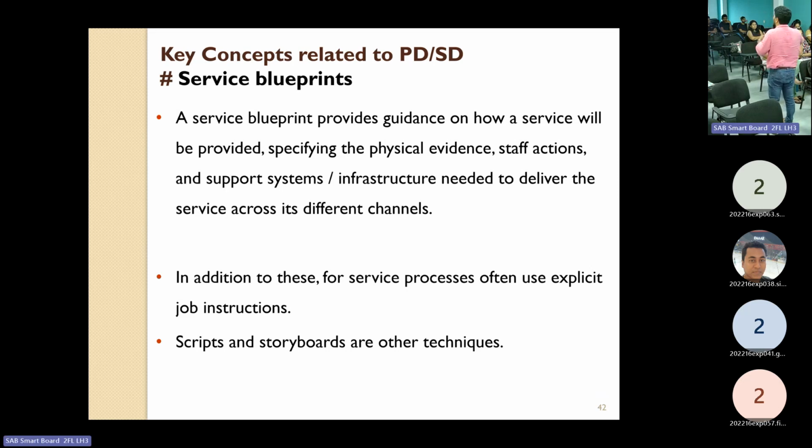So something called variability is extremely high in service operations. To minimize the variability, techniques like these would be used. It's a matter of service designing that has to be done. Clear?